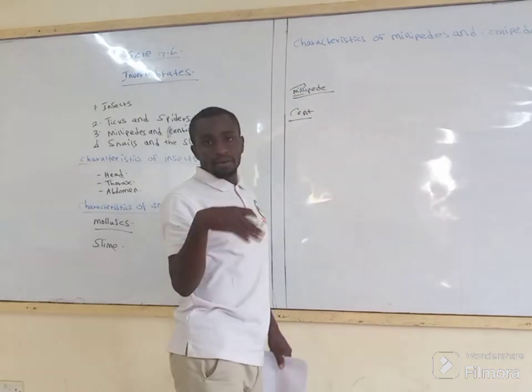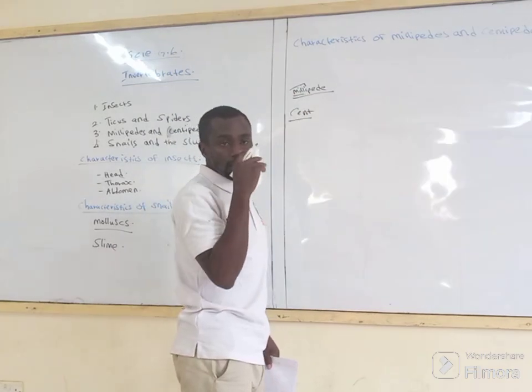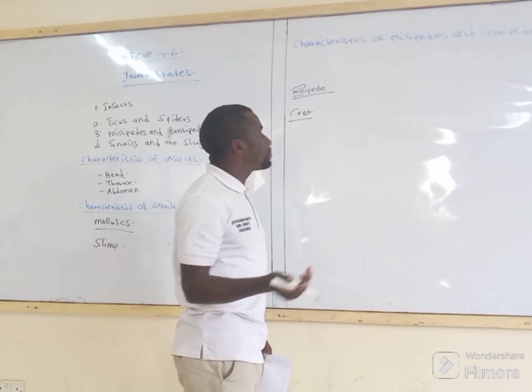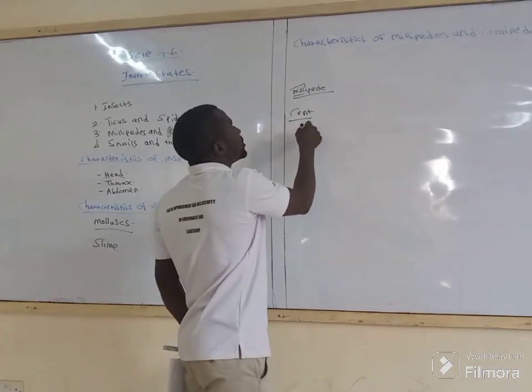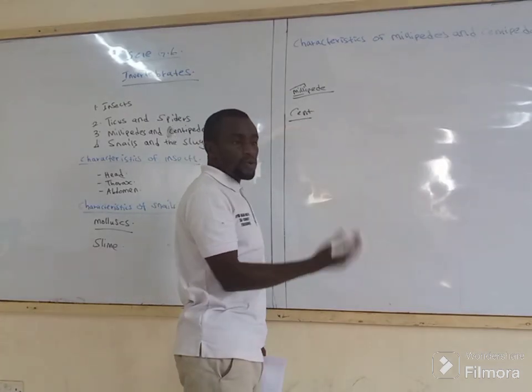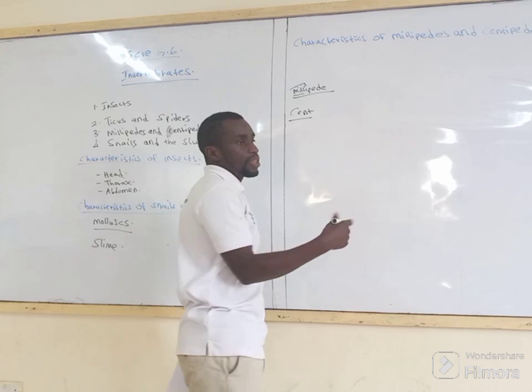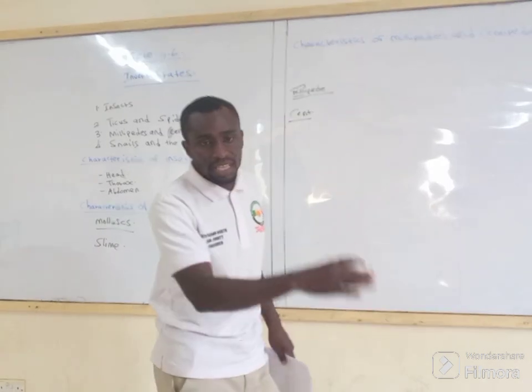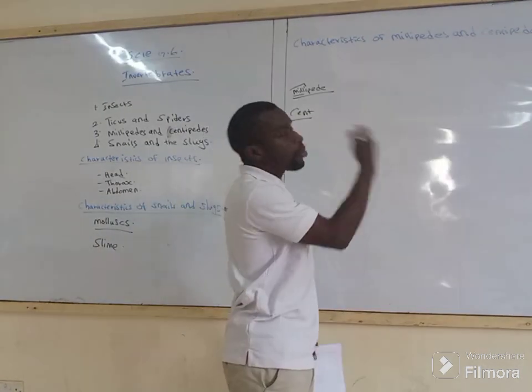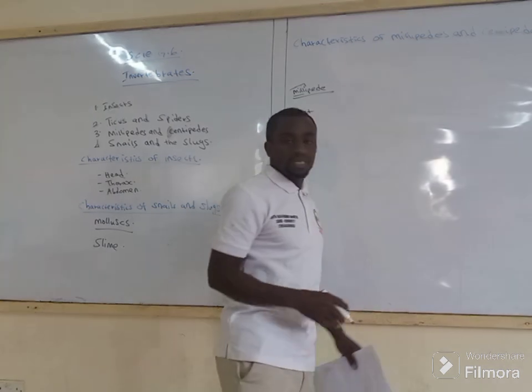So that is something that can help you differentiate between centipedes and millipedes. Centipedes have fewer legs. They are the ones which are normally poisonous. Millipedes have more legs than the centipedes.